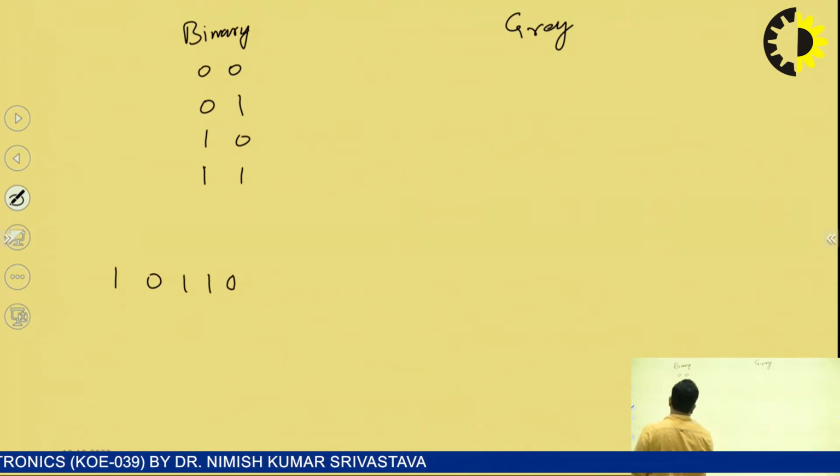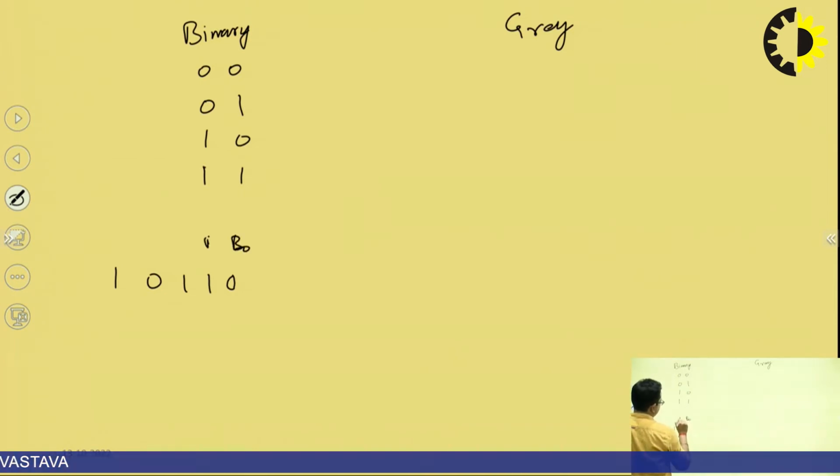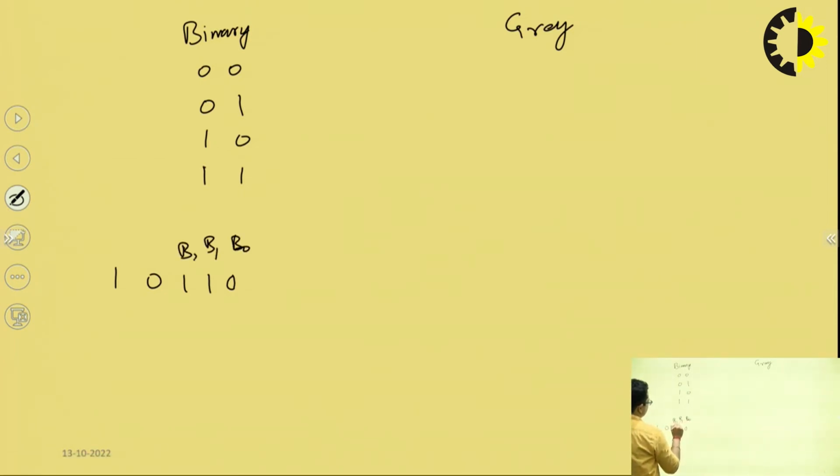Let me first write it as B0, B1, B2, because this is binary. We are just generalizing each bit. Now I have to get the gray code of this binary, so its corresponding gray code will be G2, G1 and G0.